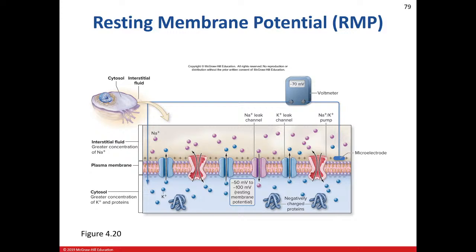And so these channels work to get more sodium out of the cell and more potassium into the cell and keep that voltage at about negative 70 millivolts. Now, the sodium potassium pump is constantly running, and so we have the leak channels to try and keep the voltage steady.